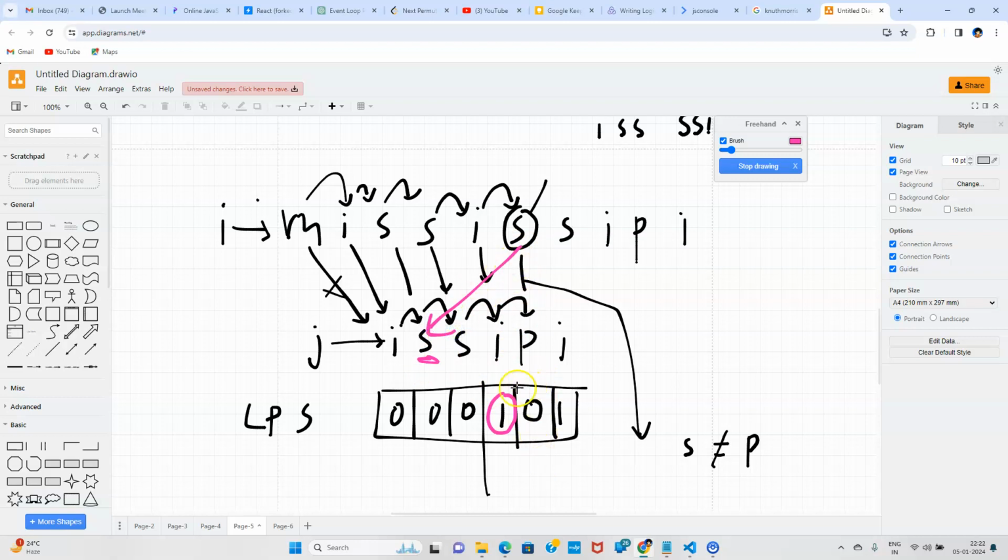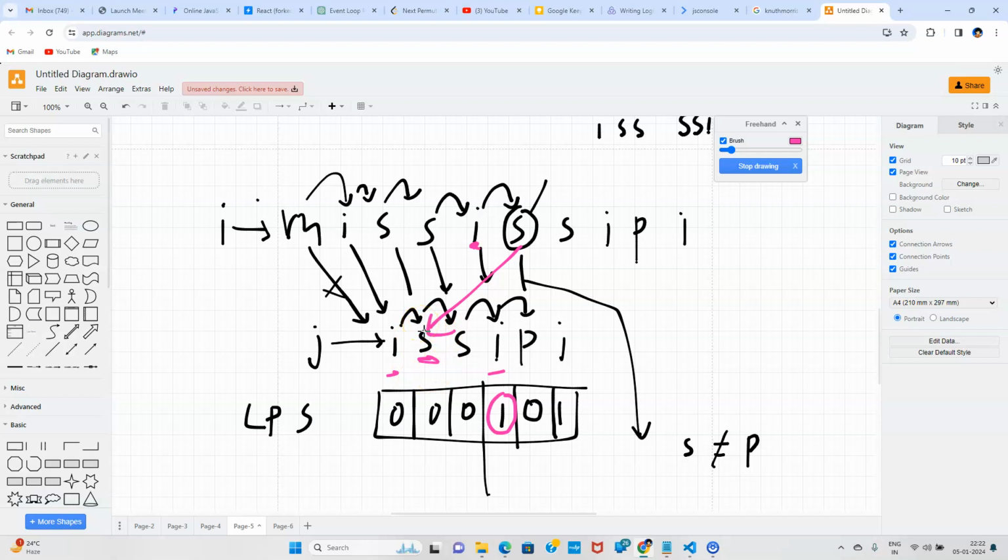With the help of the LPS table, we know where our pattern should start once there is a mismatch. If it is 0, that means we have to start from the beginning of the pattern. If there is a positive value, that means we can start from that index onwards, because the LPS table has studied where this pattern is going to be repeated. So this I is going to be repeated here, which means we can start the pattern matching from here, right?